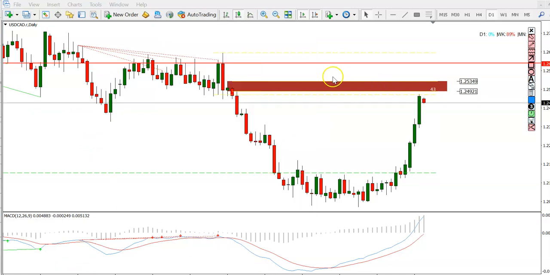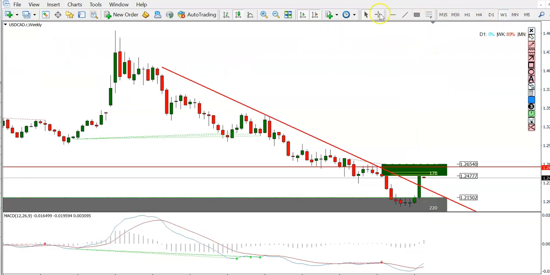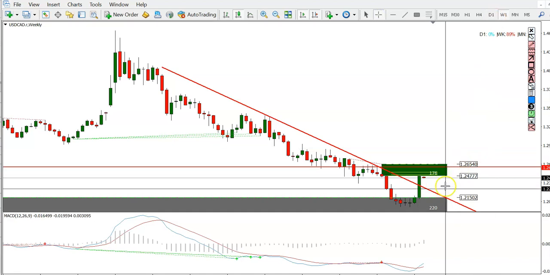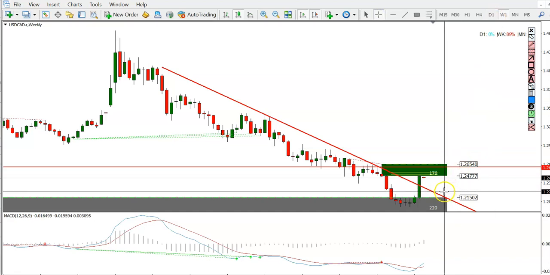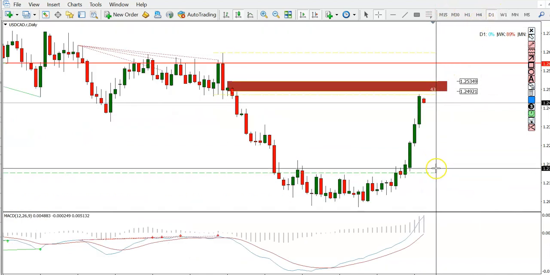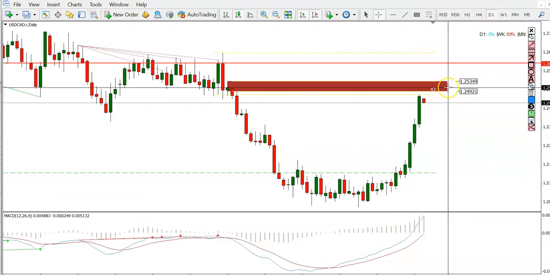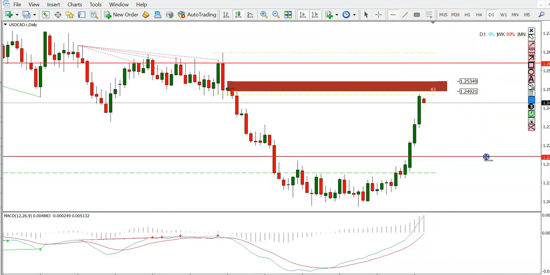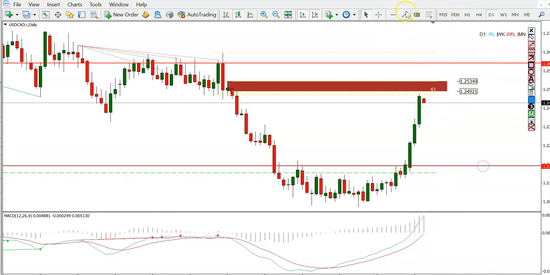Again, the stop loss. The reason I'm placing the stop loss is above this weekly zone. For take profit, normally it'd be around the breakout area. This was the breakout area.